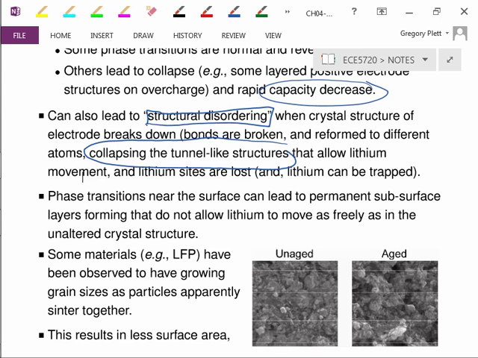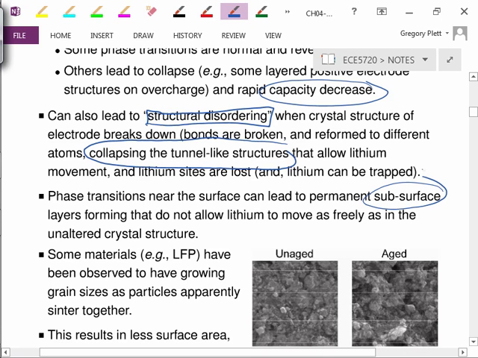And it could even happen kind of subsurface, so underneath the main surface I could have a layer of change, and there's some evidence that says that can happen in some materials. Again, these different distorted structures would impede the ability for lithium to flow. It may still be able to move, but maybe not quite as freely as before, leading to a higher resistance.